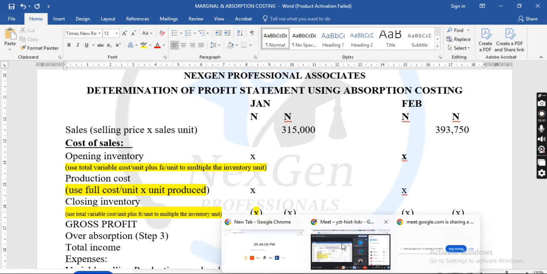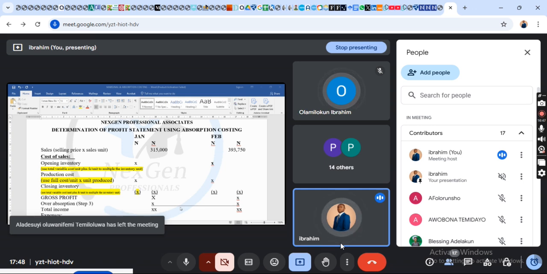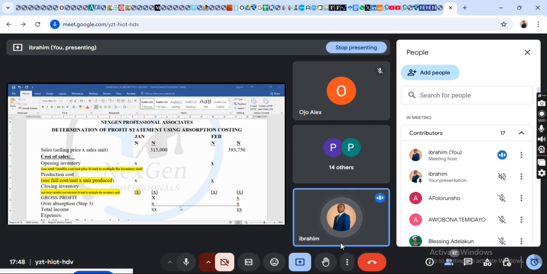So, class, are we good to go? Now, if this is established as the sales, don't forget that it's still the same sales that we did in marginal costing.